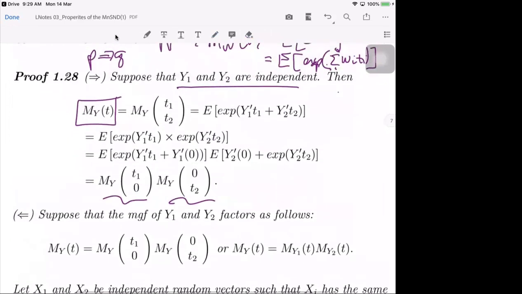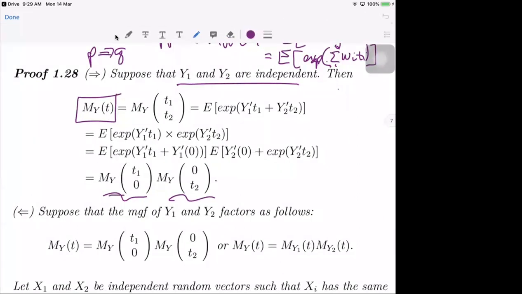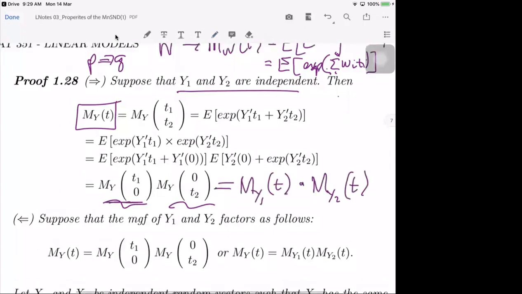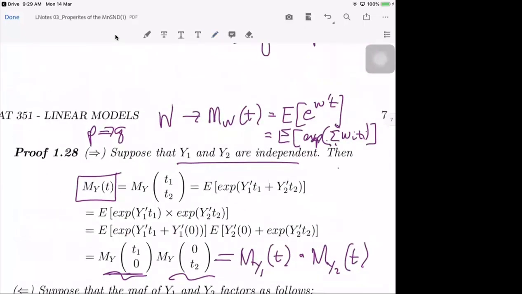So actually, this one is the moment generating function of y1 at t1, or at t in general, times the moment generating function of y2 at t. Okay, this one.